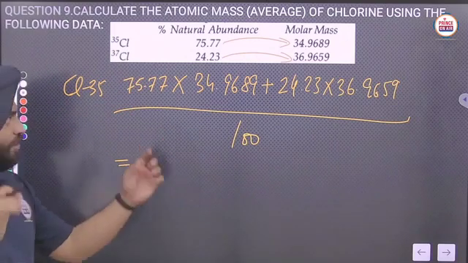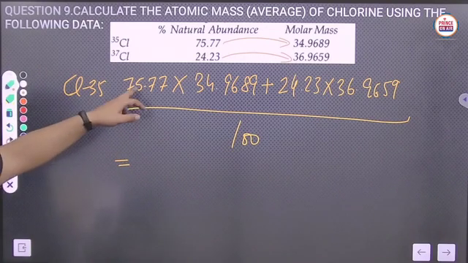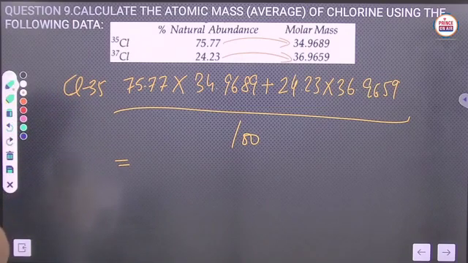Do the calculation here, and by multiplying these values you will get the value equal to 35.4527.